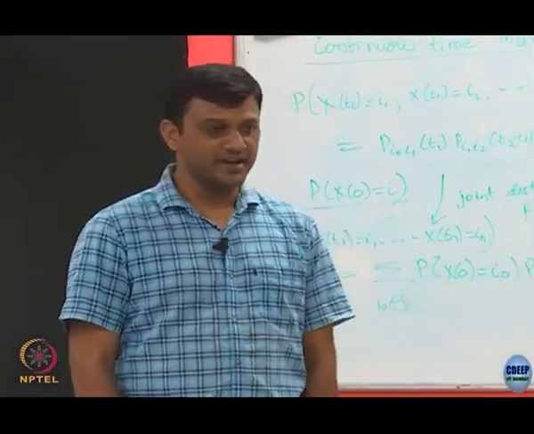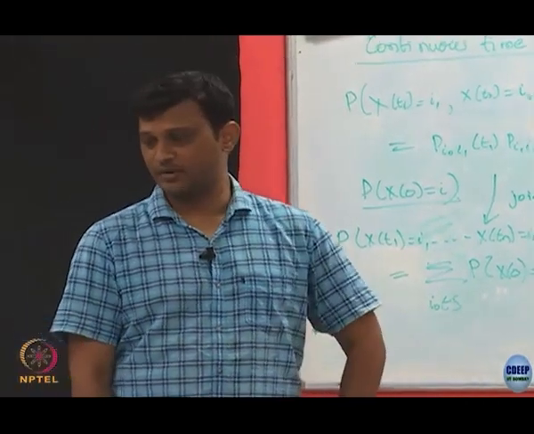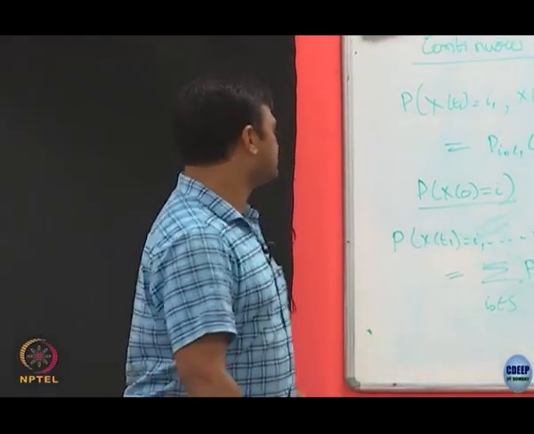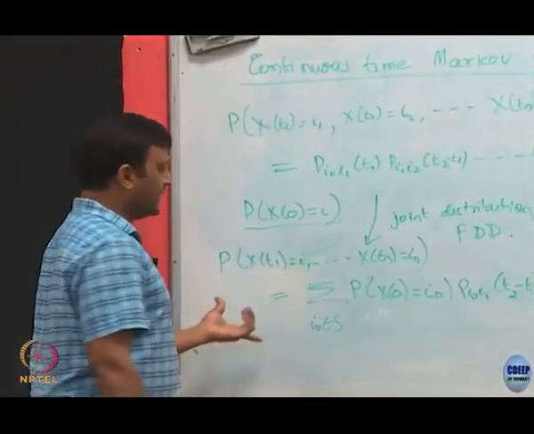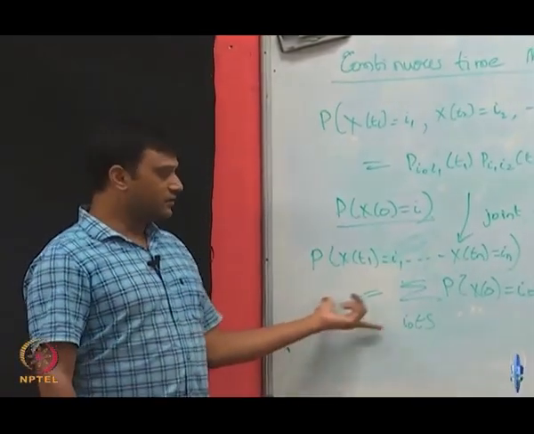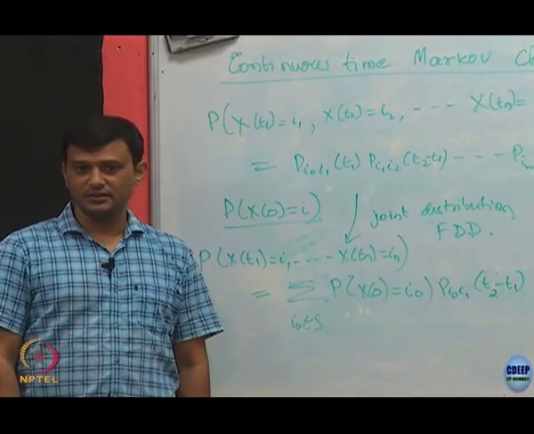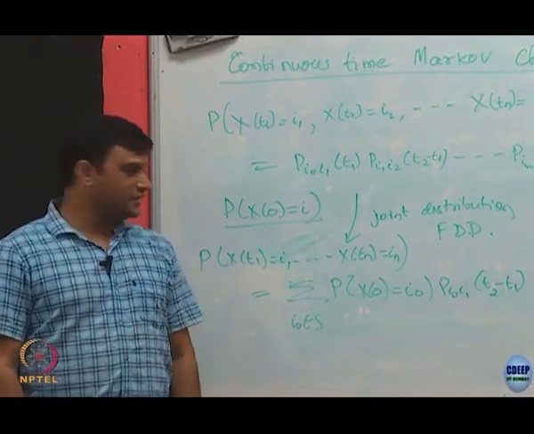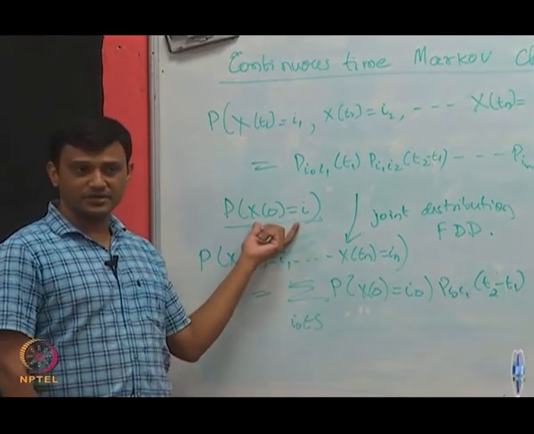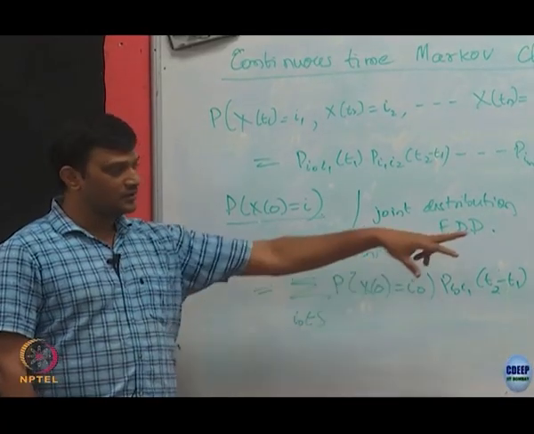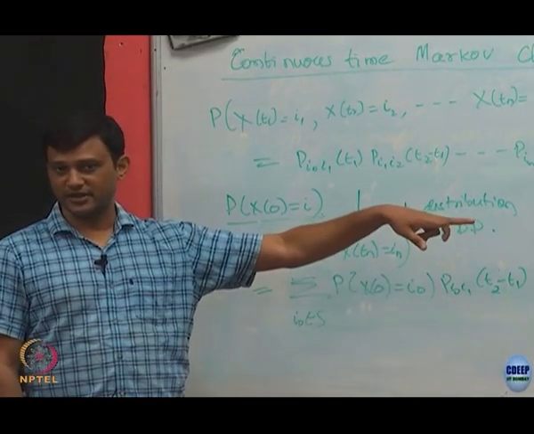We said we need the one step transition probability matrix and your initial distribution. So here also, to give a complete description of your process, you need to give your initial distribution and your transition probability function.